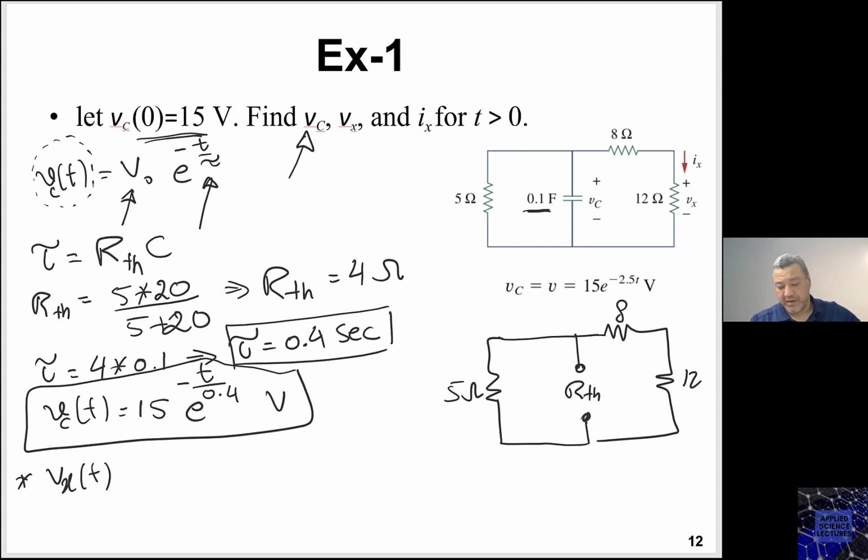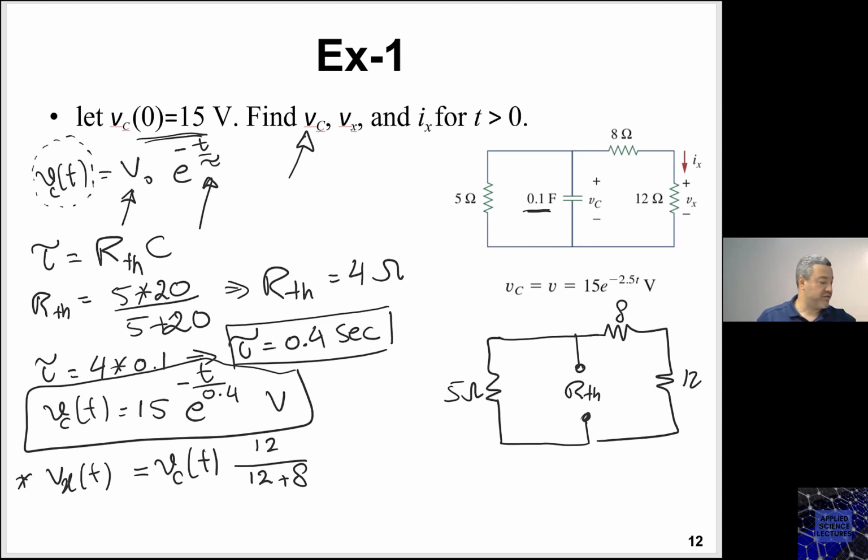Because once Vc changes exponentially, everything is changing exponentially as well. So Vx(t) is indeed Vc(t) times 12 over 12 plus 8, right?